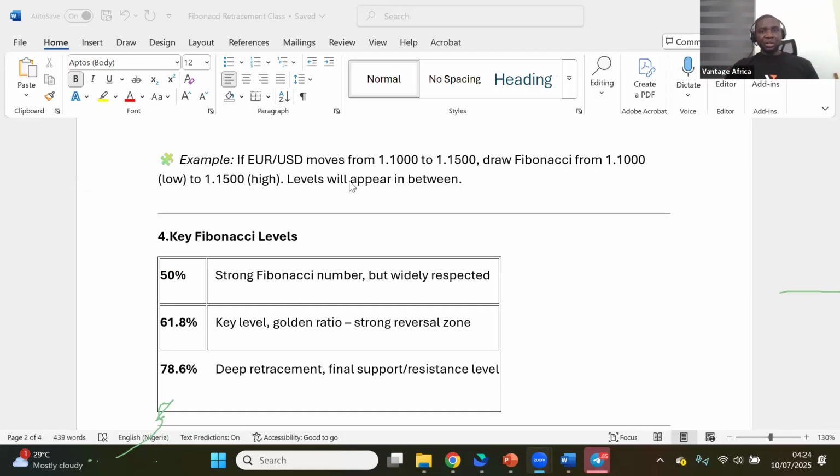What you do is you take your Fibonacci, you draw from this swing low, which is the 1.10 level, and then you draw it to the swing high, which is the 1.15 level. So now the levels where you are expecting price to correct into will simply be printed out for you. They appear on the screen, right?